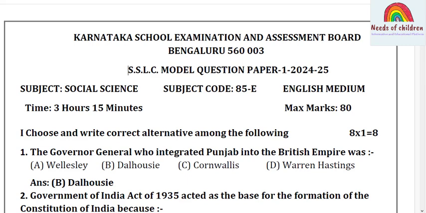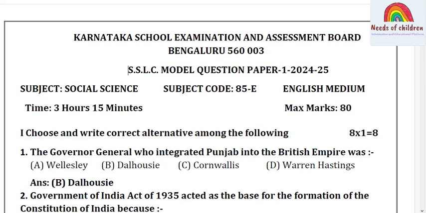Okay, dear students, before that, one thing I want to share with you. This year, the board has made little changes to the question paper pattern. The change is the map. Every year, for the map-related skill-based question, the board asked students to draw the map and locate the places.